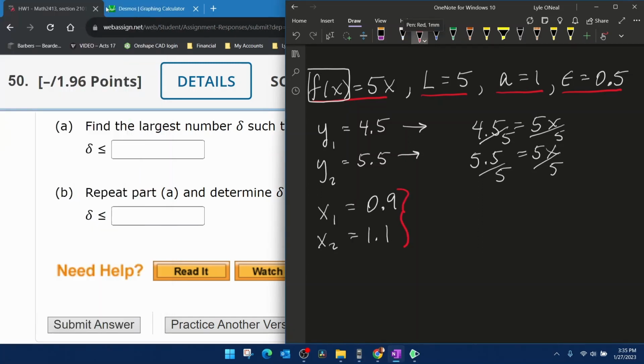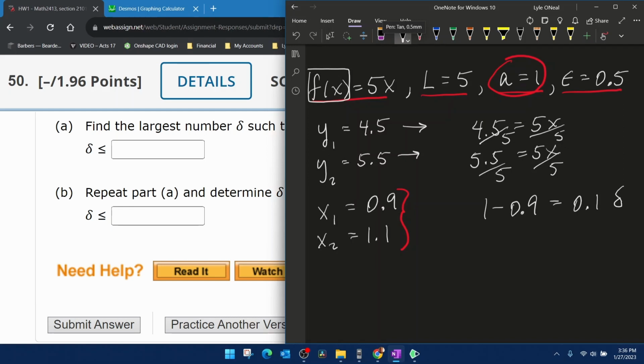Now that we know our upper and lower limit for x, we can calculate our delta. Remember, delta is the amount that we're allowed to deviate from a. So we need to do subtraction, starting with 1 minus 0.9, which gives us 0.1. That is our first option for delta.